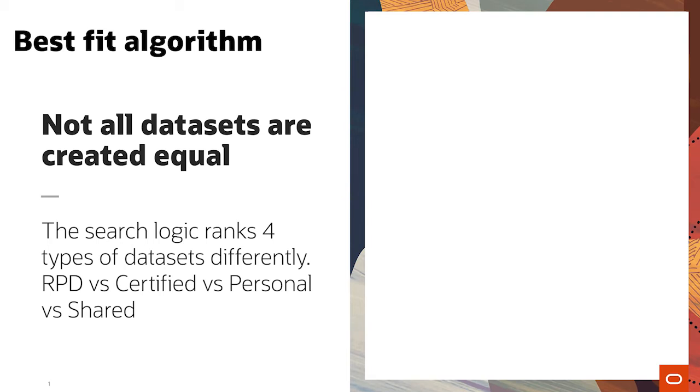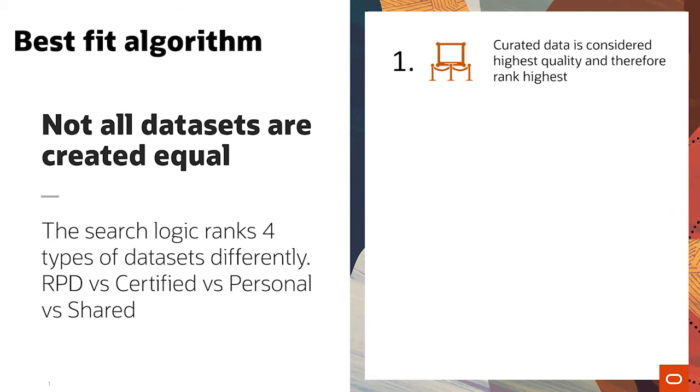And so we effectively rank the types of data sets based on whether it's a curated data model, which we consider the highest quality and therefore rank it the highest. And what we mean by curated data model, we're talking about the semantic layer, or people know them as the RPD, or also known as subject areas.